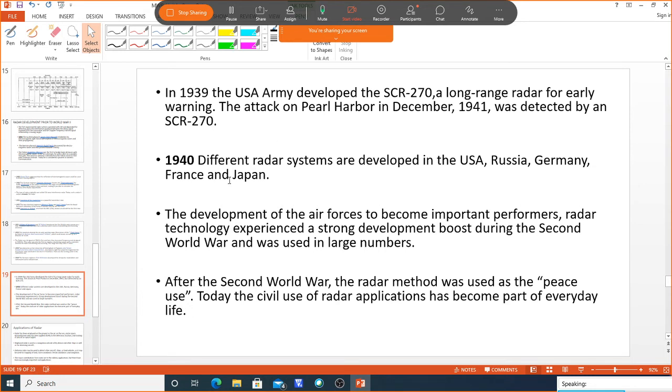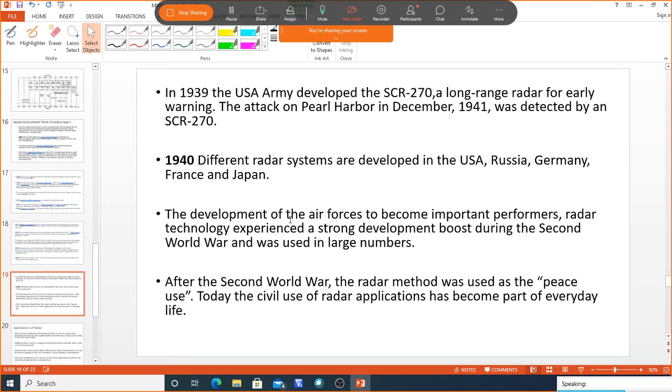And in 1940, different radar systems were developed by different countries. Since at the time of World War target detection was majorly required, all the countries in the World War were trying to use radar systems and build their own radar system. Countries like USA, Russia, Germany, France and Japan, and even many other countries, were trying to develop the radar system at that time.